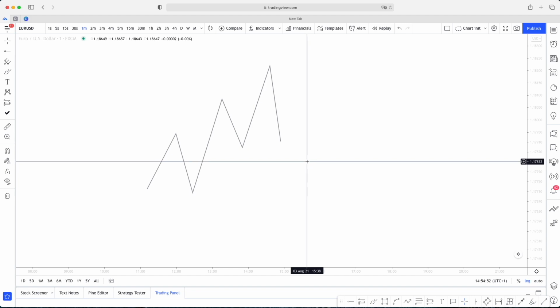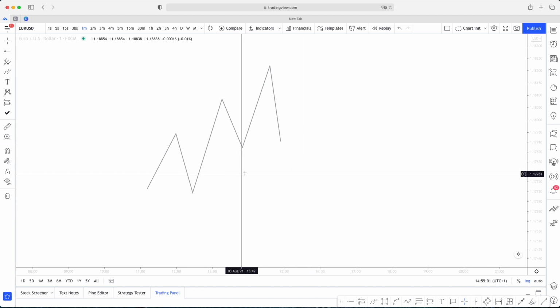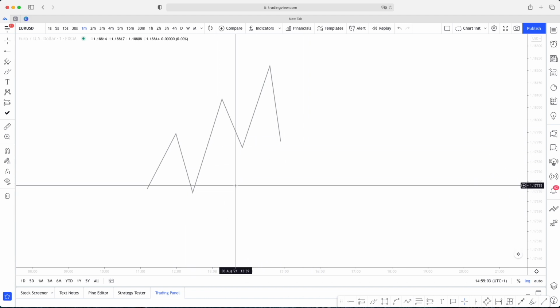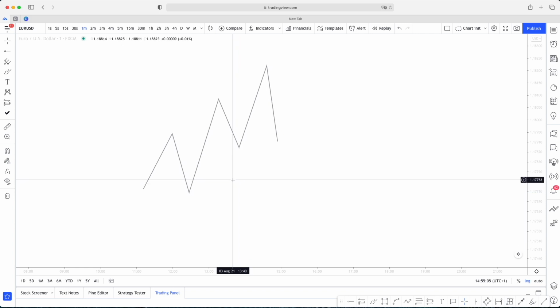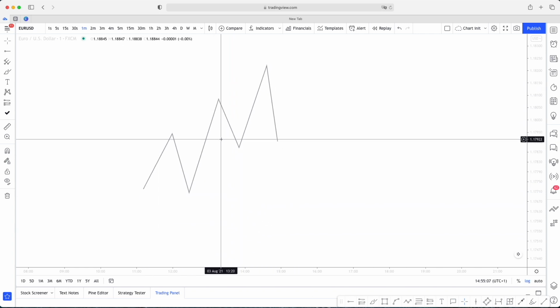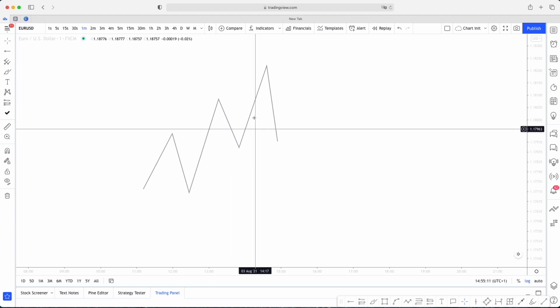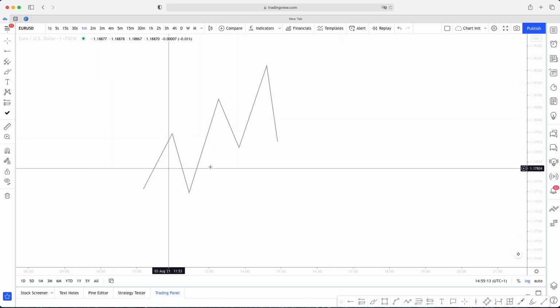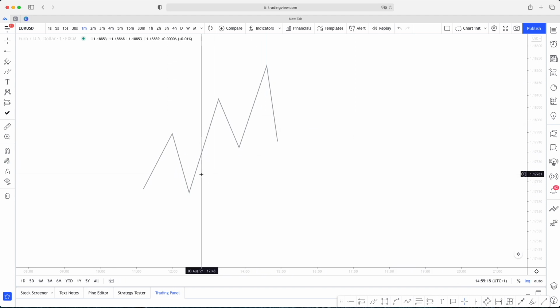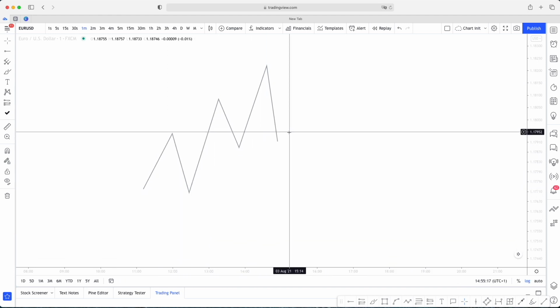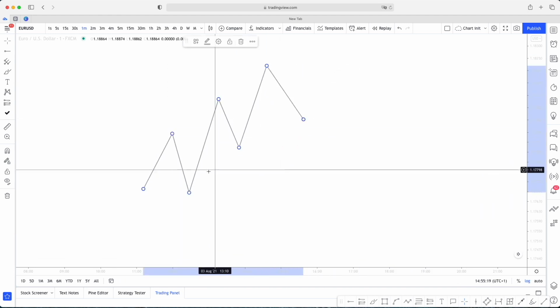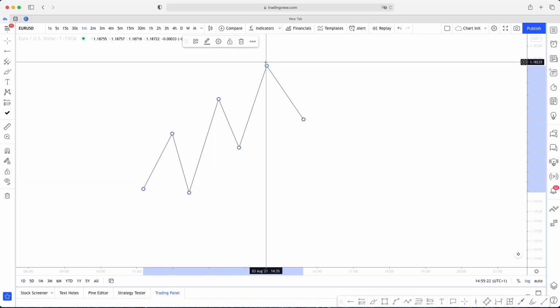OBs are future POIs, so price can react or violate. It's either one of those two. It doesn't have to respect it all the time, and it doesn't always need to come back. So don't fall in the loop of marking out every single OB and waiting for your unmitigated OB while price is just leaving without you because you're completely ignoring what it's doing.